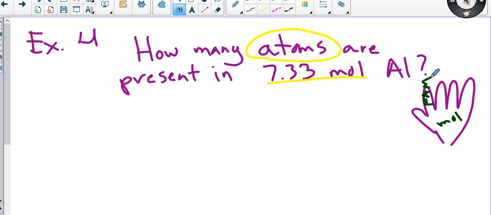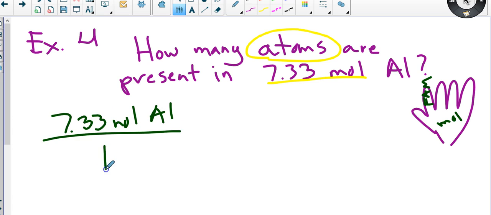So start to talk me through this, Chi-Chi. I'm starting with 7.33 moles of aluminum. Anybody lost yet? What needs to go on the bottom of the next fraction? Aluminum. Okay? And then I'm looking for atoms. What did you put on the top, Chi-Chi?